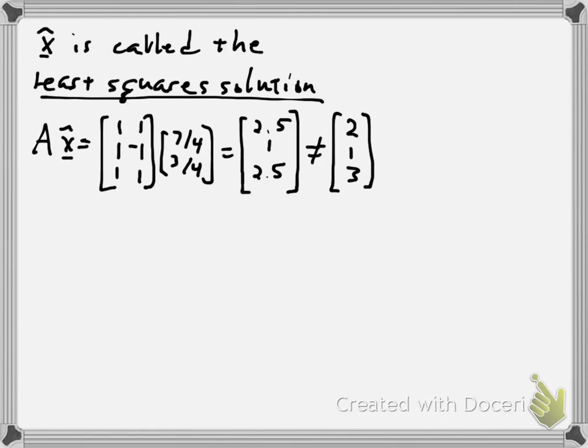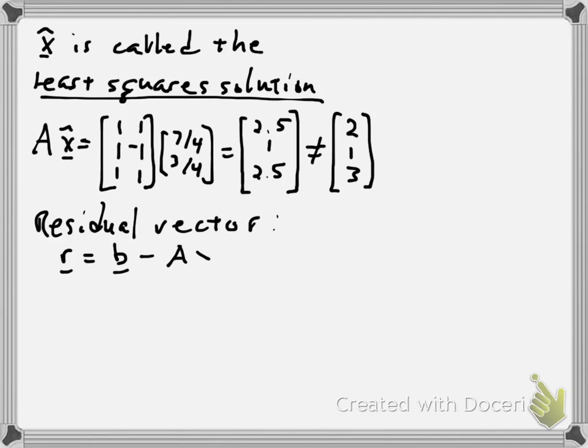Alright, so now having computed A x hat, we're going to define some things so that we can establish a measure of success. I'm going to define the residual vector. The residual vector, which we label as r, is going to equal b minus A x hat.